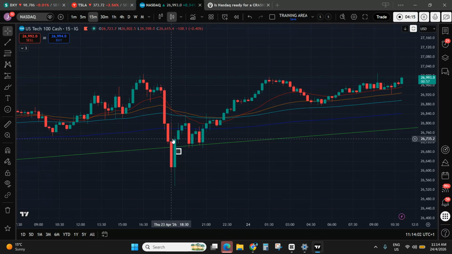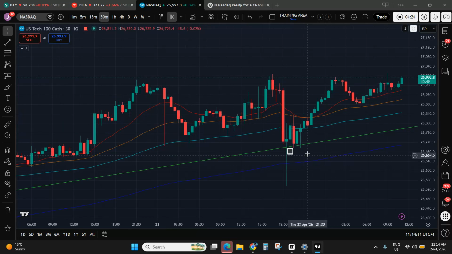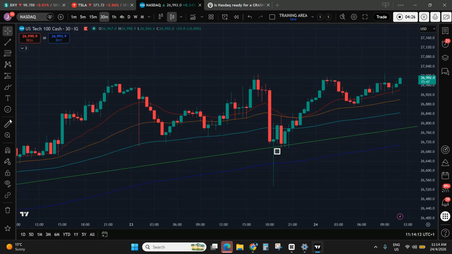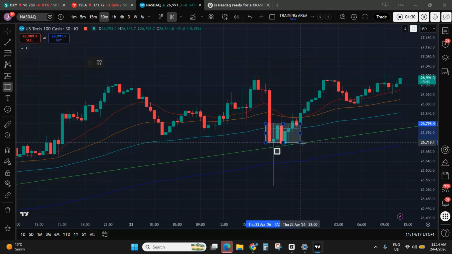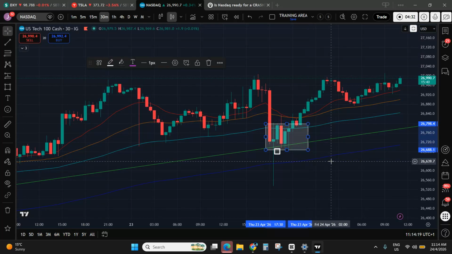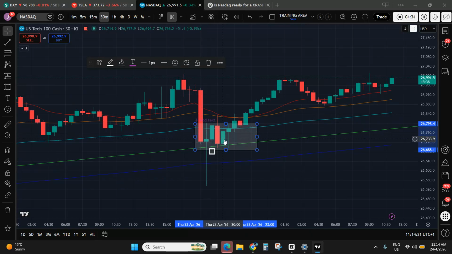The candle body closed above, we have a long green candle, then it went all the way down, then again it was retested, right? And if you go to 30 minutes, you can see a very small consolidation in this area. Once this consolidation is over, once the candle closes above, then you are all set.